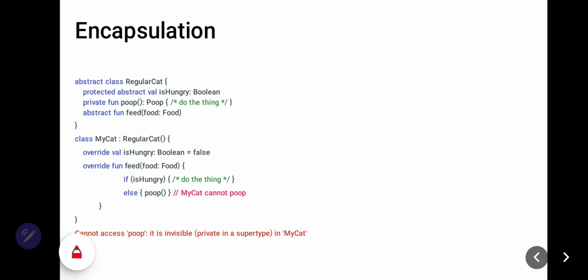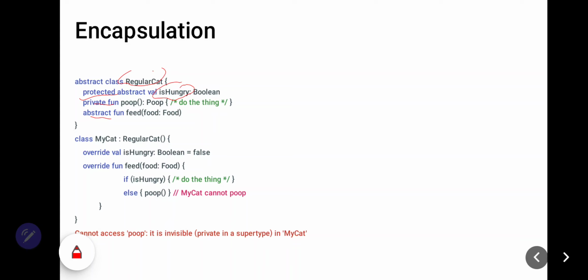You can see on this example of encapsulation, in this class RegularCat, you can see the access modifiers protected, private, and abstract. And you can see the attribute of this class, isHungry.